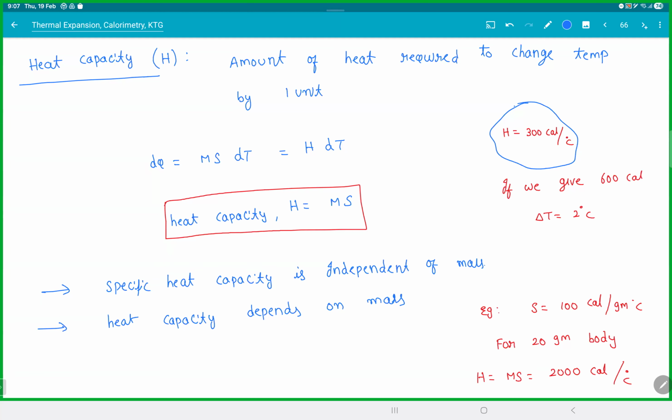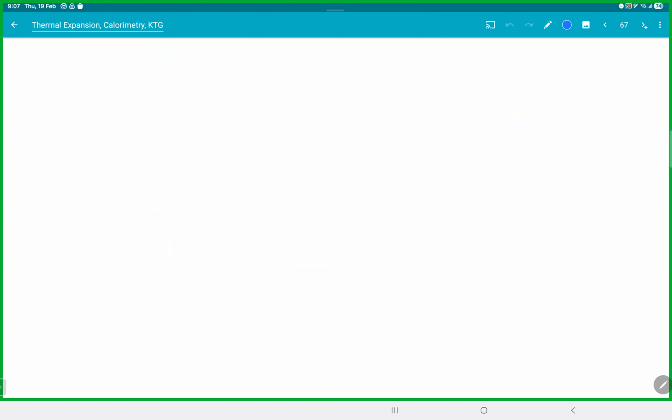All clear with this? Next one. There is again one more theoretical thing. Whenever you go to a lab, you'll observe most of the time people are boiling water and doing experiments on water. Then people realized, when you're heating a container with water, even the container is also absorbing heat. So they said, let's make this easier.